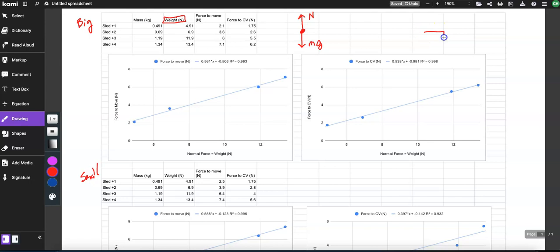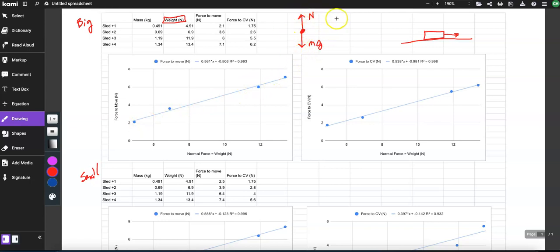So if you had that block sitting on a surface and you grabbed hold and pulled the block this way, and you know the mass of the block and how much force you pulled it with when it first starts to move, so the force to move is right here, and then the normal force, I plotted it here. What you find out is as your normal force, or the weight of the block, goes up, the force to move goes up, and it's a linear relationship. So you'll see the straight line here.